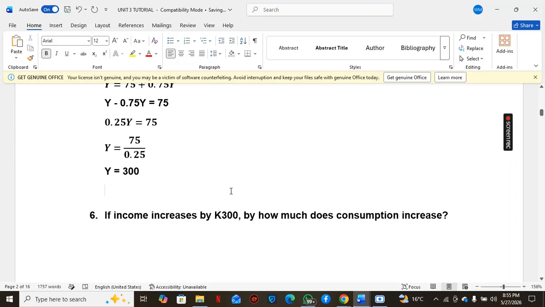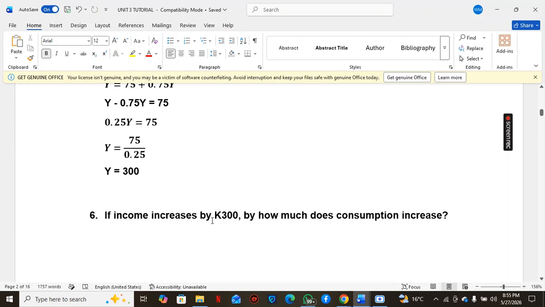Any questions? Remember, this Y represents the income of the nation. Every time you find the value of Y, just know that Y represents national income.